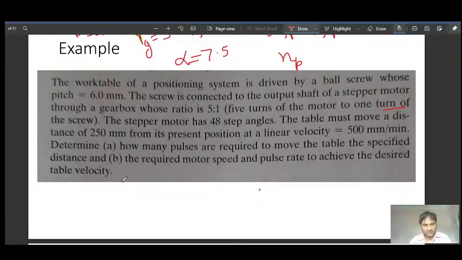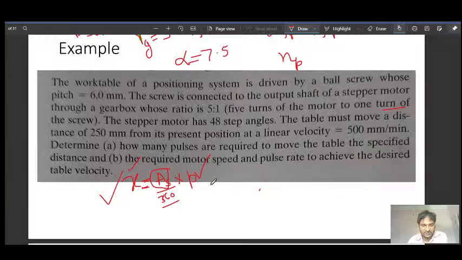Here we have this X distance. AS, AM. Let me erase. Screw angle by 360 degrees and then multiply with the pitch value that gives the X. So pitch is given and X is given, so we will get AS.